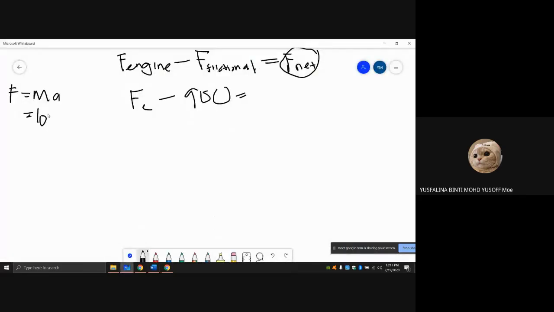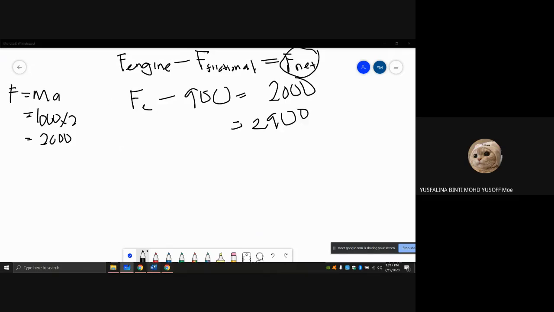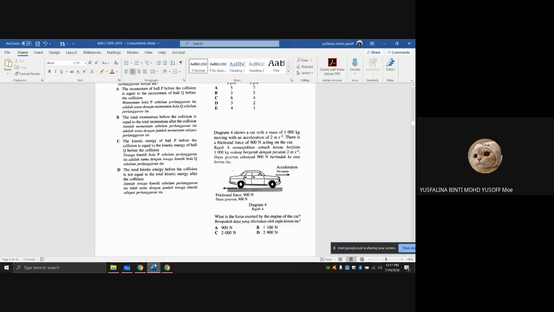So 1000 multiply 2, you get 2000. So if you want to find the force of the engine, you just add up, we get 2900. So the answer is D.